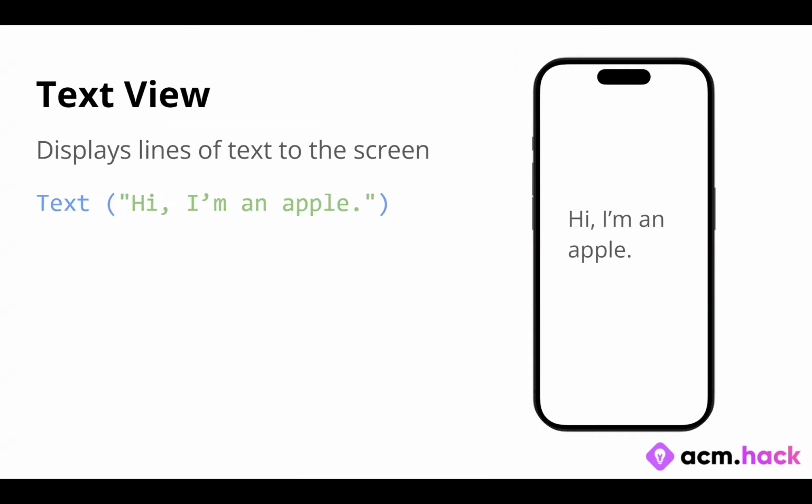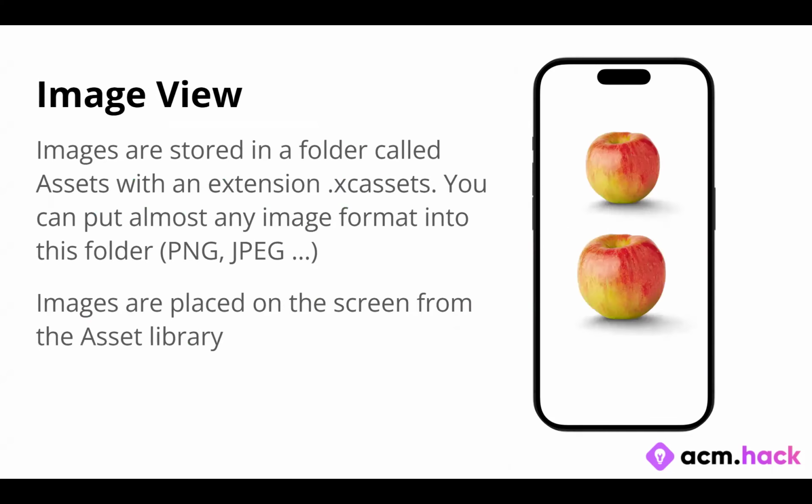So a text view basically just displays a line of text to the screen. Here we have the syntax, so it'll just be text, hi, I'm an Apple, and it'll display, hi, I'm an Apple. Image views are slightly more complicated. You get images from a folder in your text editor, from a folder with the extension of .xcassets.